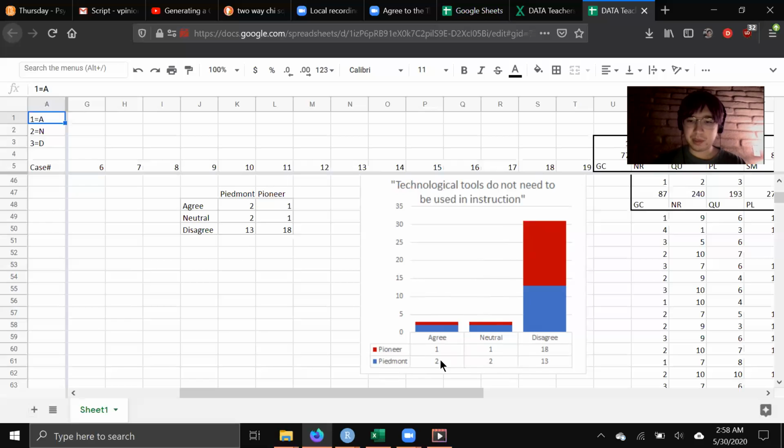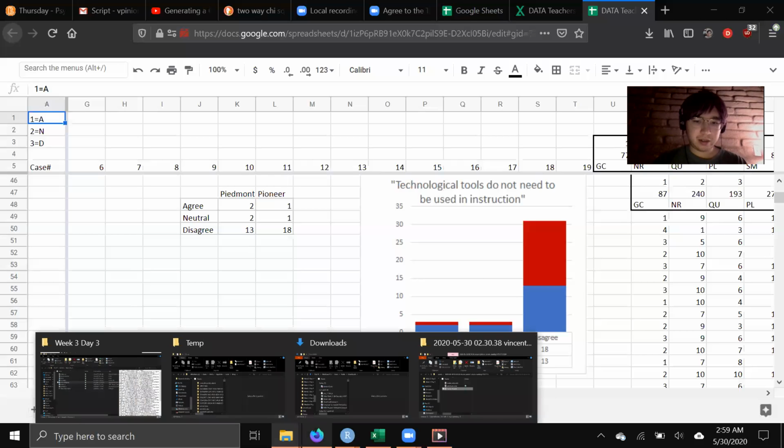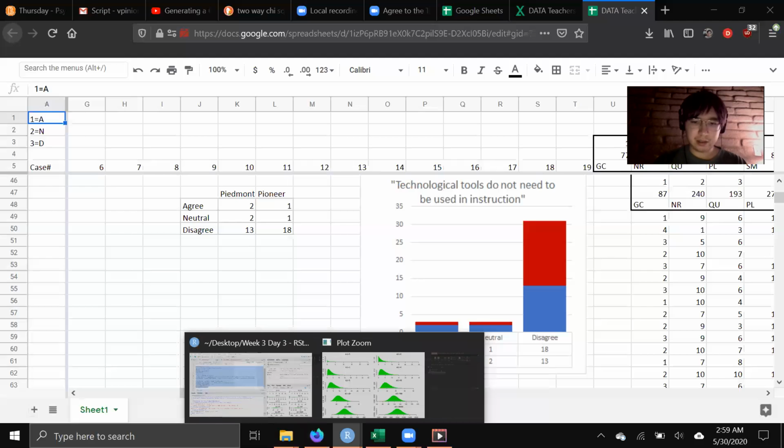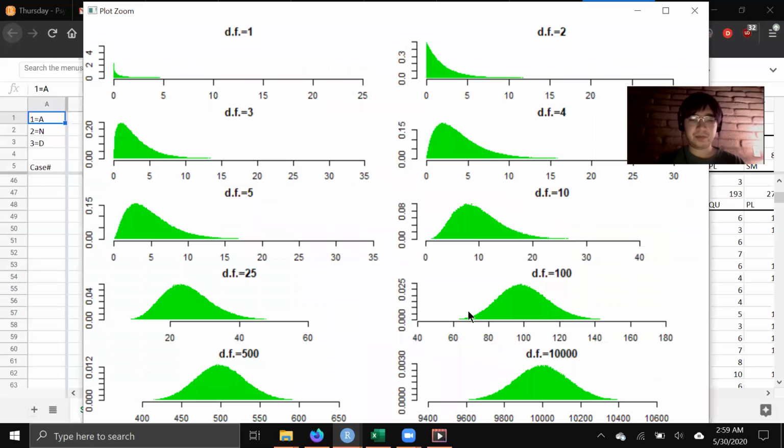To get on to how it applies to the distribution demonstration, I have 1, 2, 3, 4, 5, 6 categories in this data. So we take 6 minus 1 and get degrees of freedom equals 5. Let me find the chart.